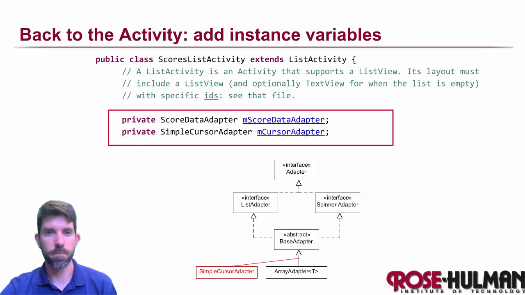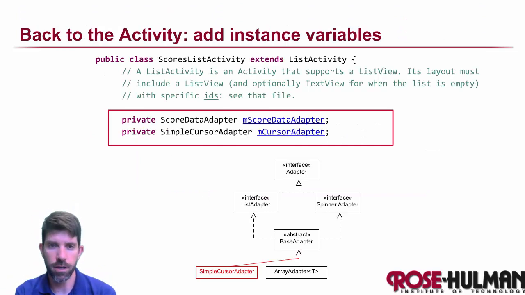What next? So back in our activity, we're going to need a couple of things if we want to use any of this. We're going to want to make an instance of our ScoreData adapter, so we're going to need a field for that. And since we blew away the array adapter, we're also going to need one that's called a simple cursor adapter. Remember that this is just another type of adapter. When we studied adapters, we said that array adapters were one of them. Simple cursor adapter is another class that extends base adapter.